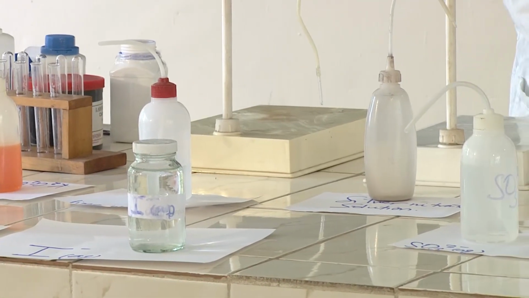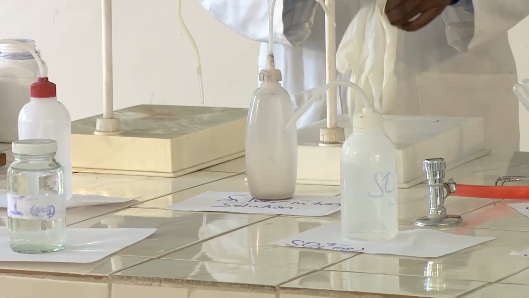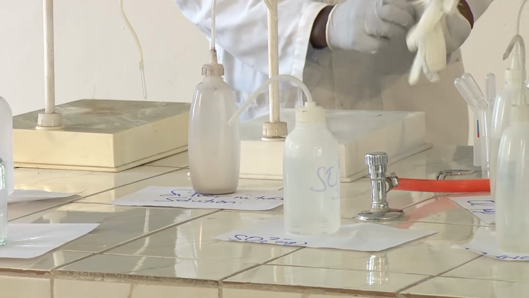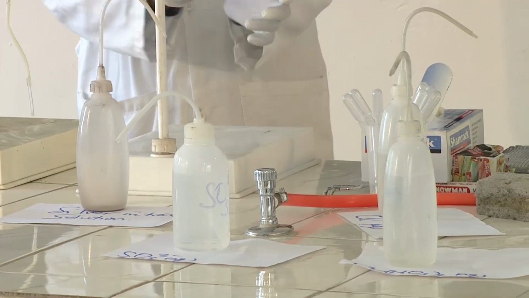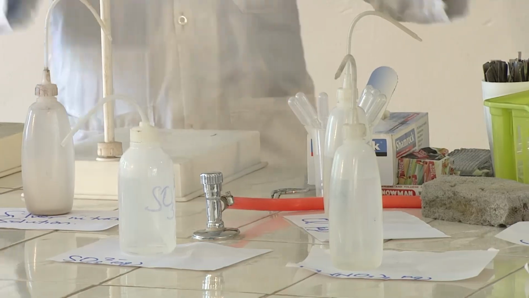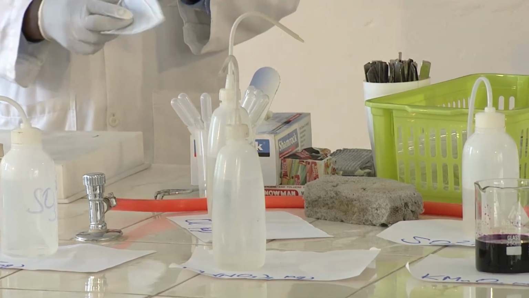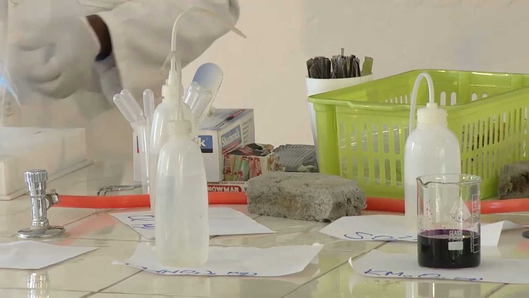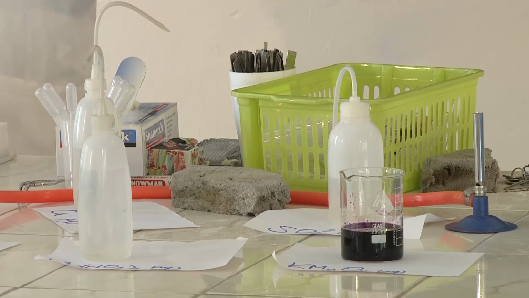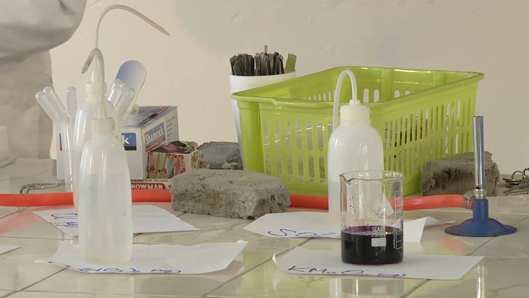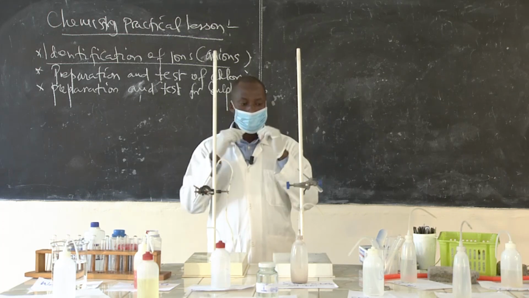But I have to make sure I'm protected for precautionary measures as usual, because the gas we are going to prepare is poisonous. Chlorine is poisonous. So I have to put on the nose mask. You can't inhale this gas continuously. It may bring trouble.